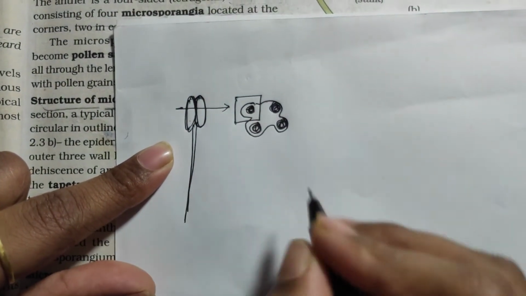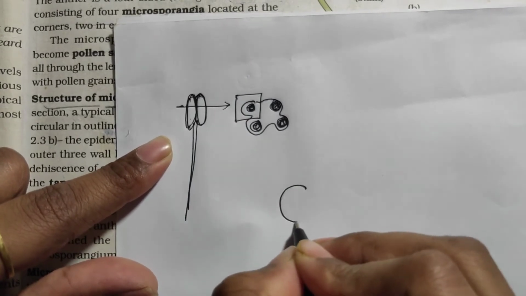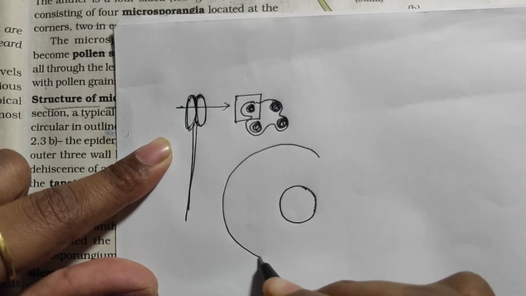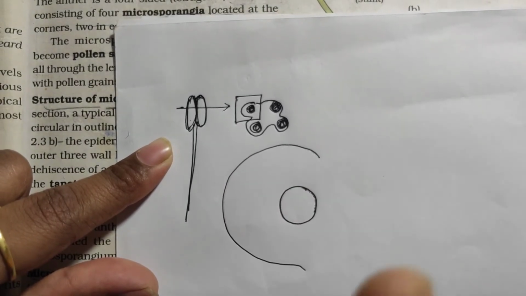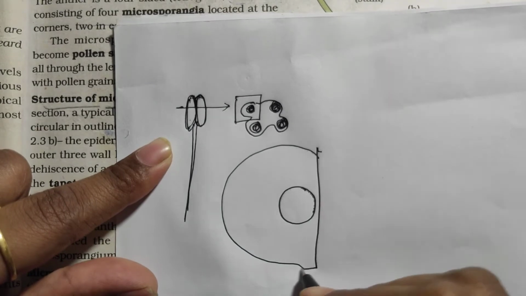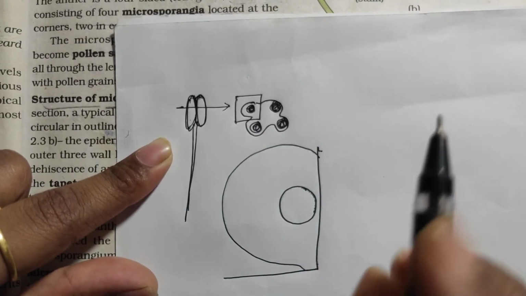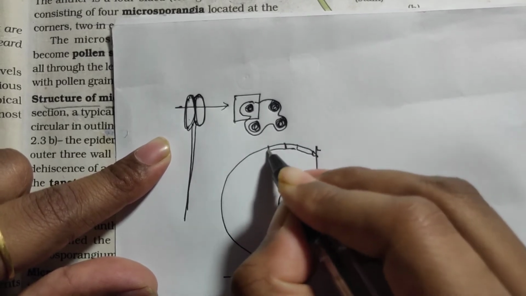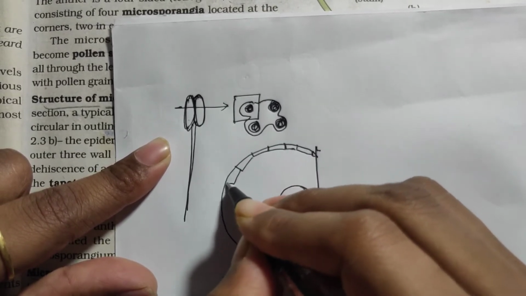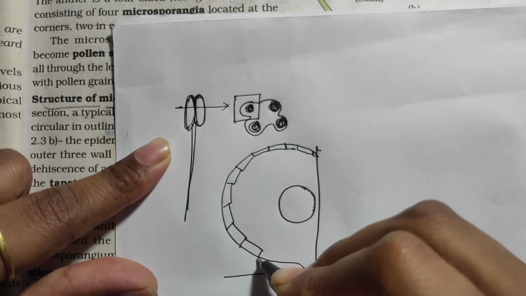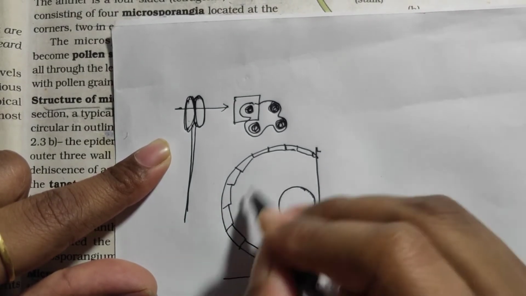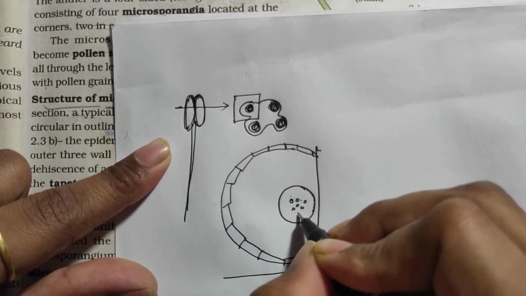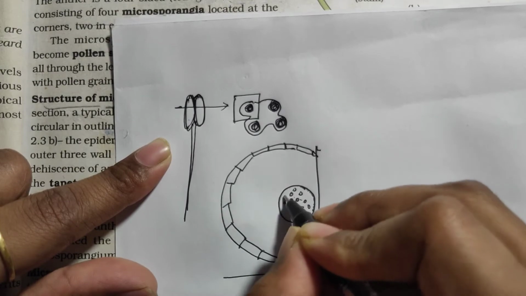See, this is a microsporangium, friends, and this is the outer wall of that sporangium. This outer wall is called the epidermis, which protects the inner microsporangia. Here the microspores or pollen grains are going to develop.